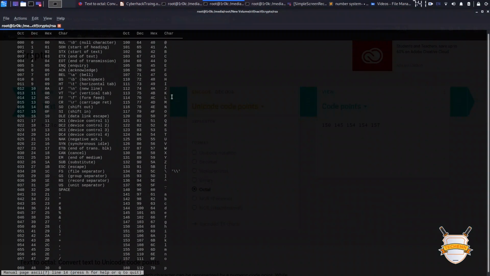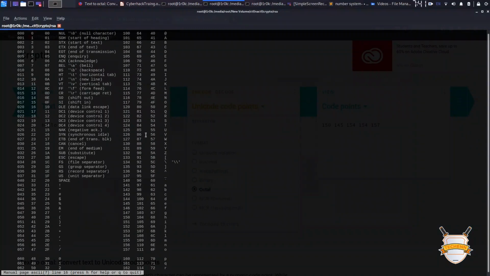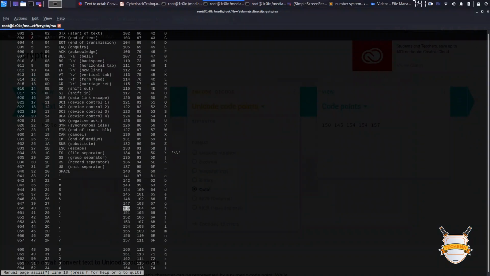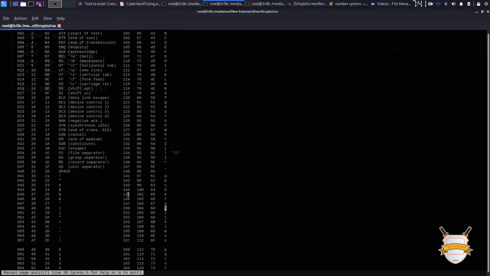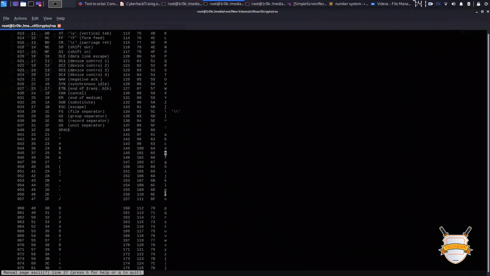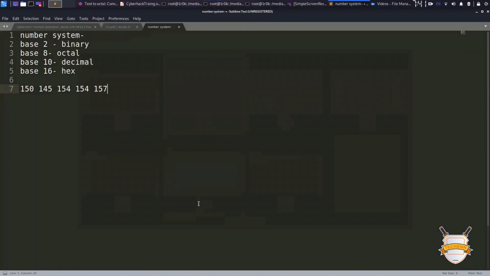So you can see here itself: okay, 150, where is 150? 150 is here, so it corresponds to H. And then 145 corresponds to E. And other than this, we don't have 150 or 145 in any other line. So using this you can find octal, decimal or hex, and binary is quite easy to find because it has only 0 and 1.